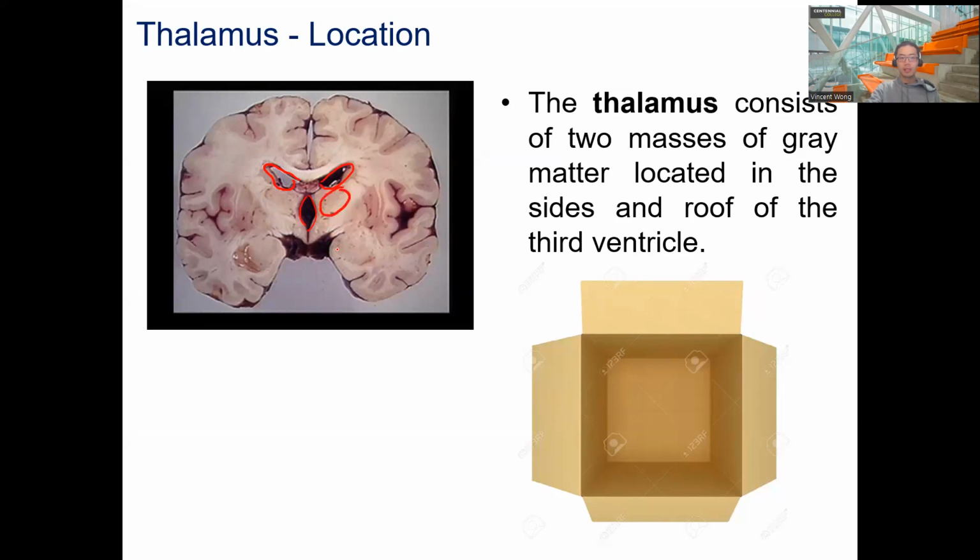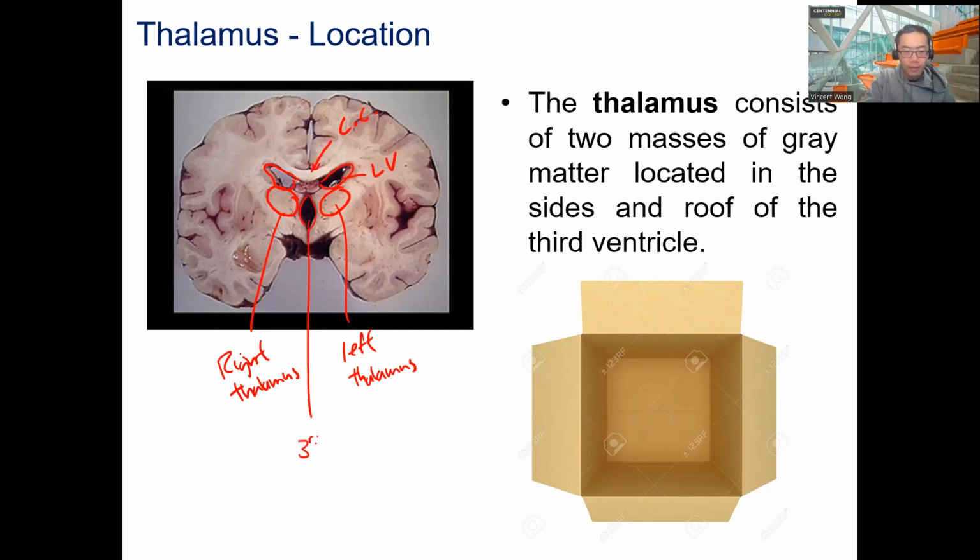This one is your left thalamus, and this is your right thalamus. Over here, corpus callosum. I'm just going to put CC. And then this is LV, lateral ventricle. And in between, third ventricle.